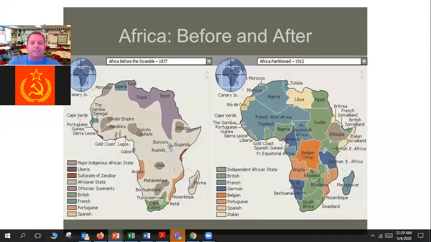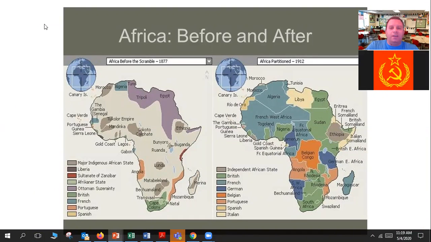Speaking of Africa, as I mentioned to you, Africa is sort of the epicenter of all of this. And so Africa is going to be the main continent in terms of resources that the Europeans are going to look to conquer. And so if we take a look, before the scramble, before the Berlin conference and all of that, look at how independent Africa was.